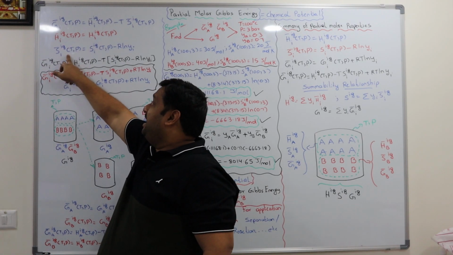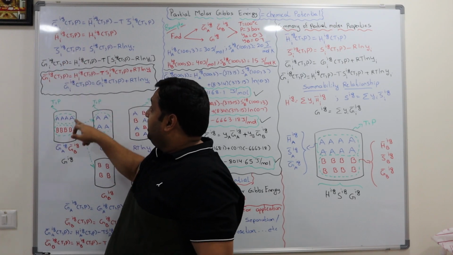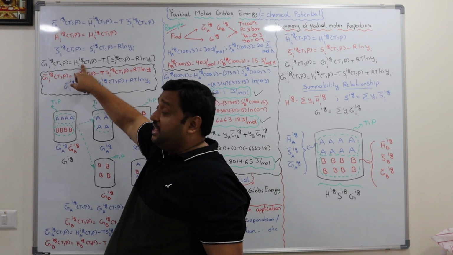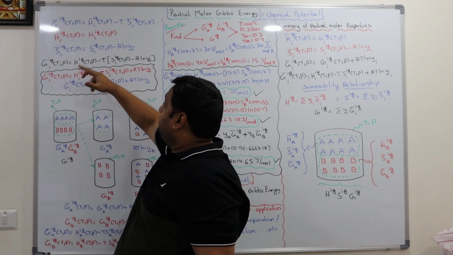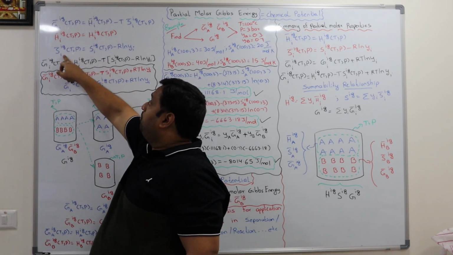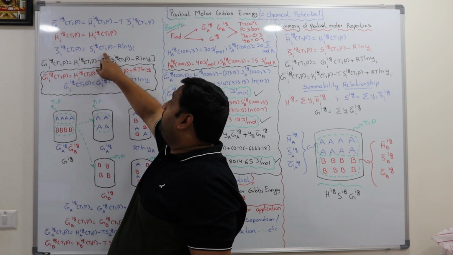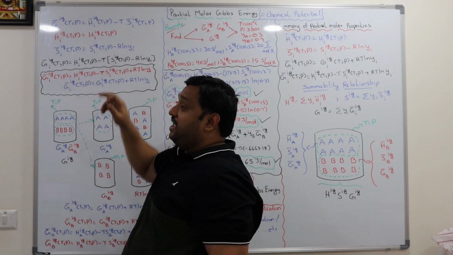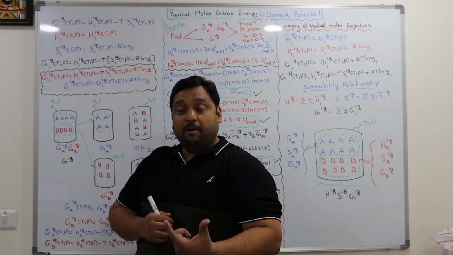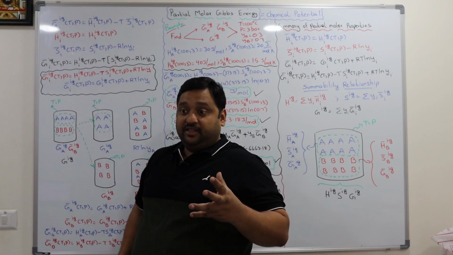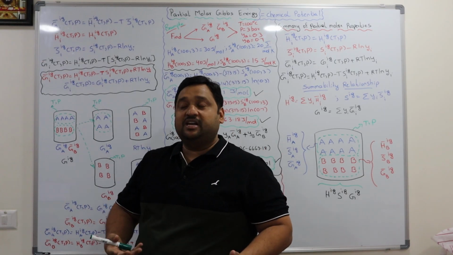Similarly, the partial molar entropy at a specific temperature and pressure is nothing but the pure entropy at that temperature and pressure minus R ln yA. R ln yA comes from the mixing of A and B, because entropy comes with mixing, randomness generation.